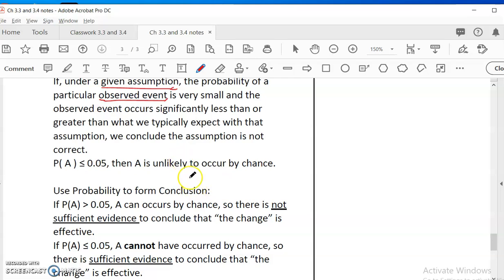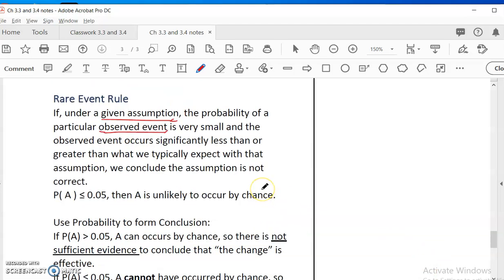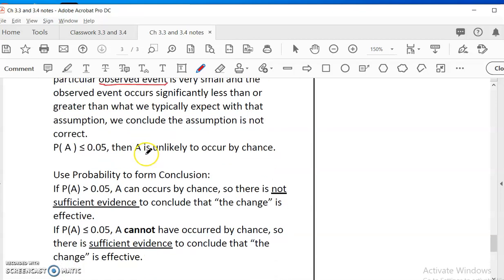You kind of suspect that the dice is not fair, right? So you have been very surprised, and you would be questioning your assumption because you've seen it. So this is the concept of the rare event rule: because of an accepted assumption, you see an event that's not supposed to happen.